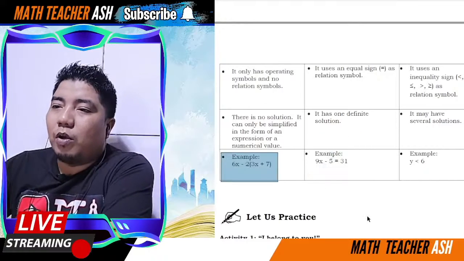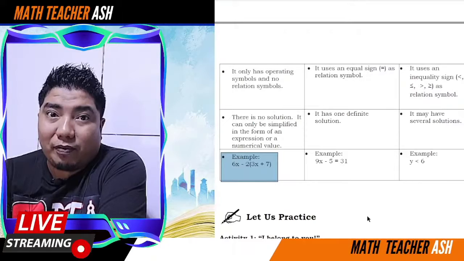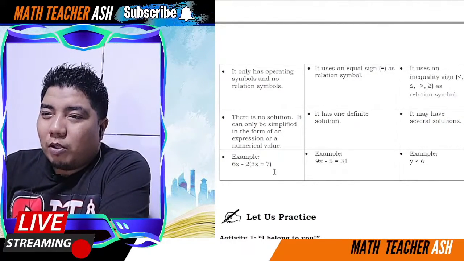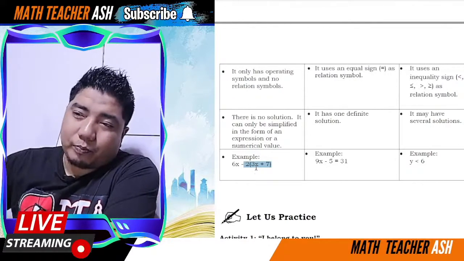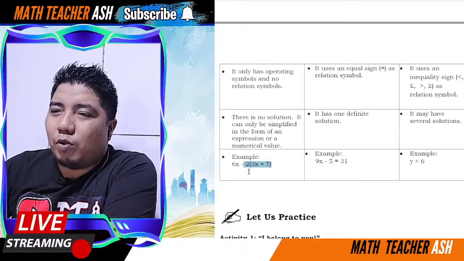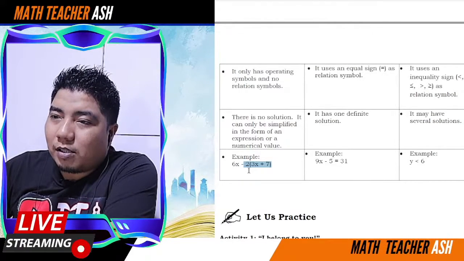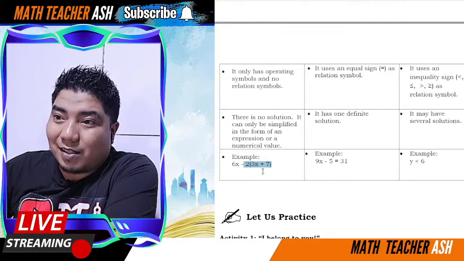Ito naman dito, kung wala kang value ng x, hindi mo to masisimplify, right? Or hindi mo siya masisimplify into one. Pero, you can simplify this or tanggalin lang yung mga quantity sign. So, if you distribute this one, this 2, this will become 6x minus, so itong sagot dito, 2 times 3x will become 6x, okay?